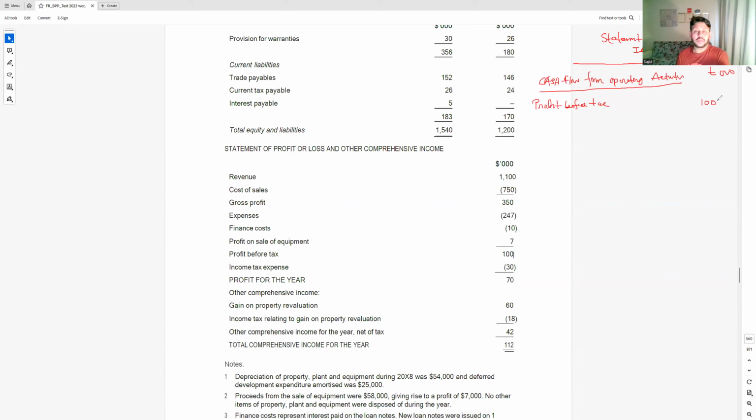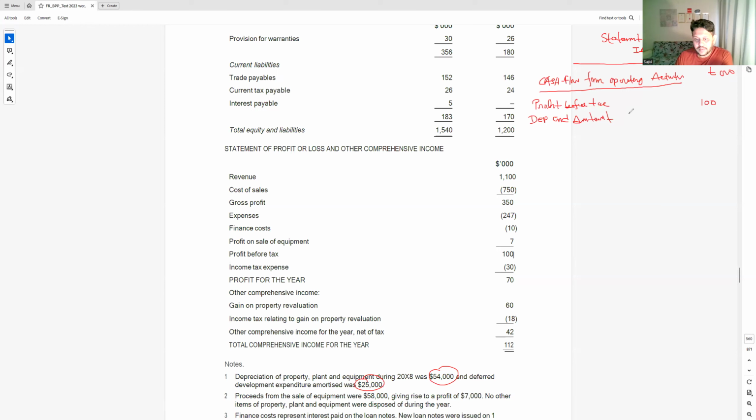Very good. Now I'm going to add back depreciation, amortization, and any non-cash item. So we know we have depreciation 54, amortization 25. So I'm going to say depreciation and amortization to make it together because we need some space.